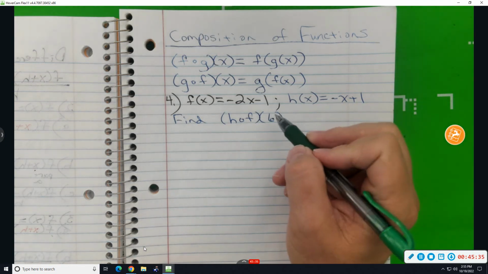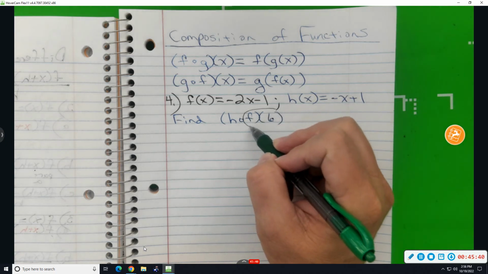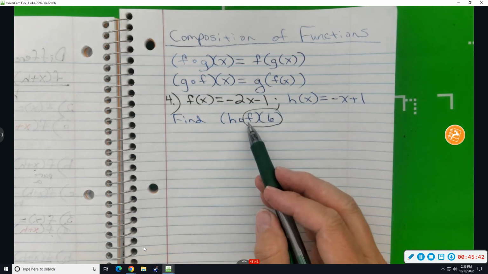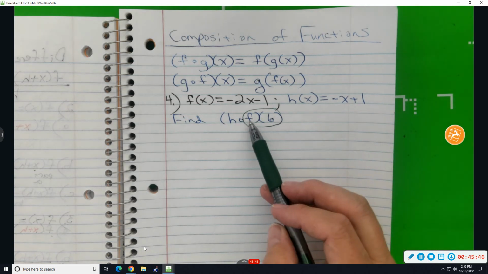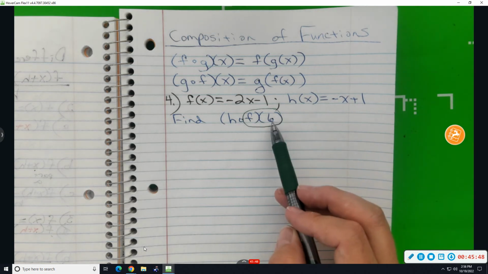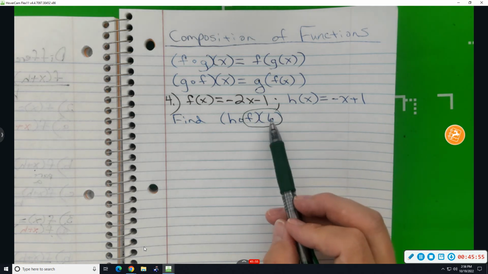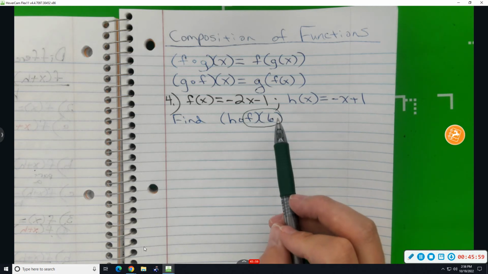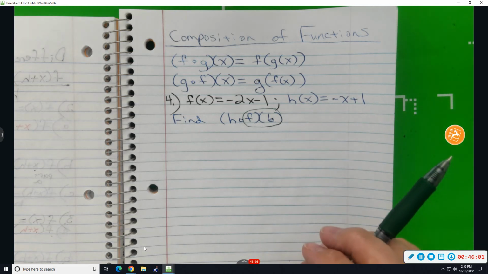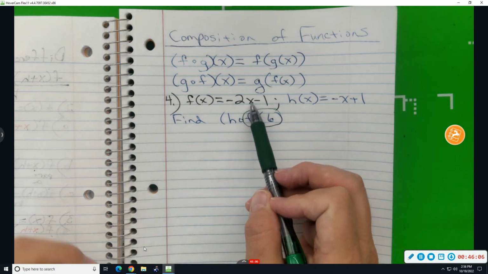So let's just look right here. F of 6. We know how to find f of 6. That says go to f, and wherever you see a variable, you're going to replace it with 6. Here's f. Let's replace that x with a 6.